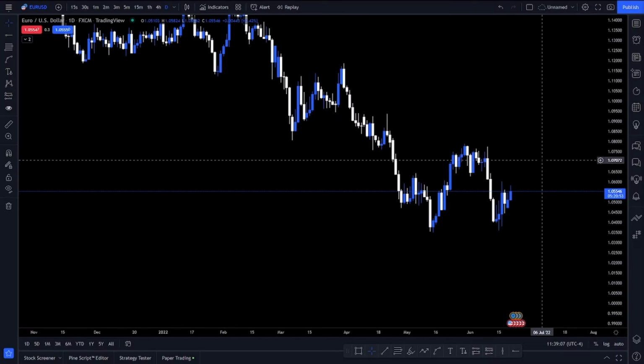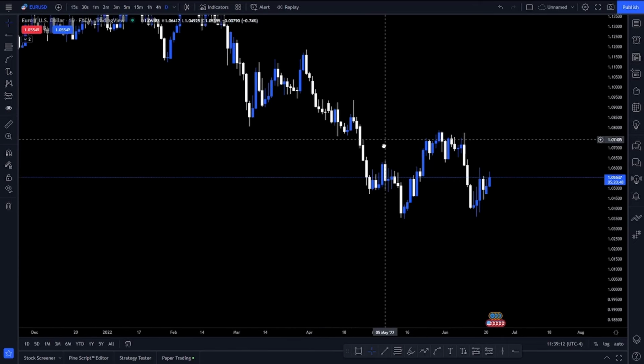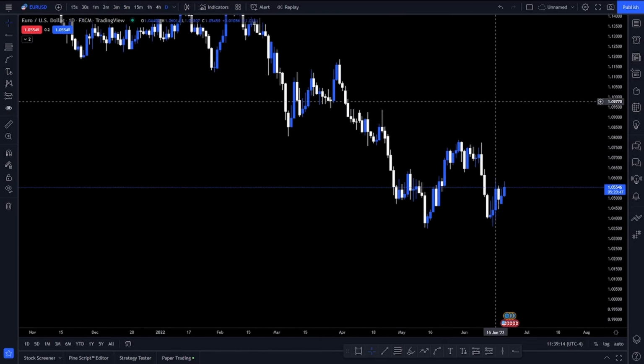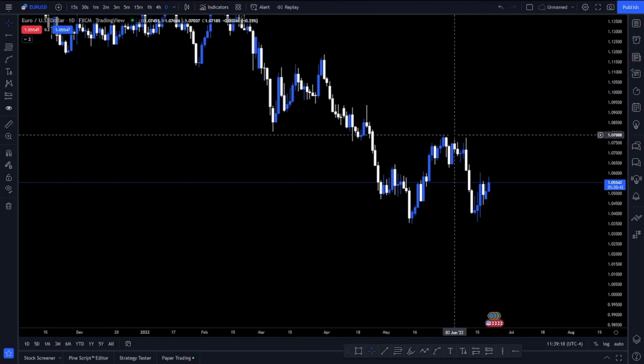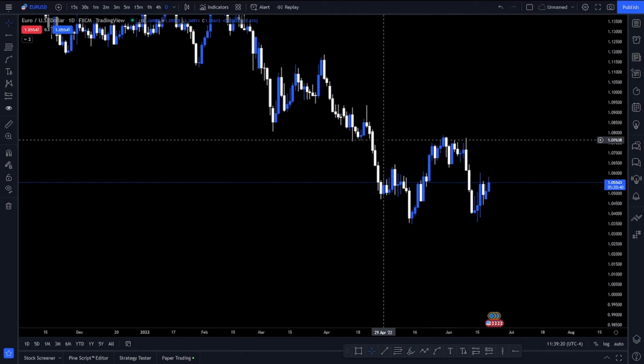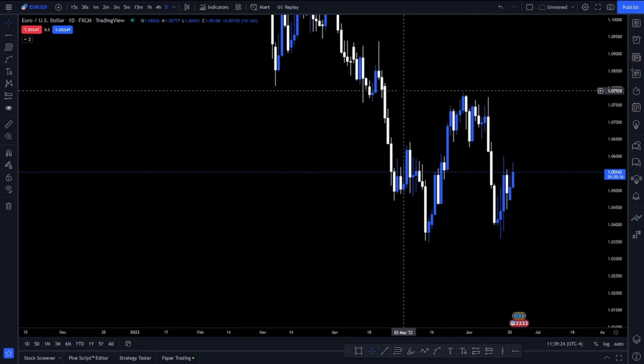Okay, so we are on the Euro USD chart, right? And we are on daily time frame, and we can see that price is reacting from this point of interest, right? So now look closely at what the fair value gap is.